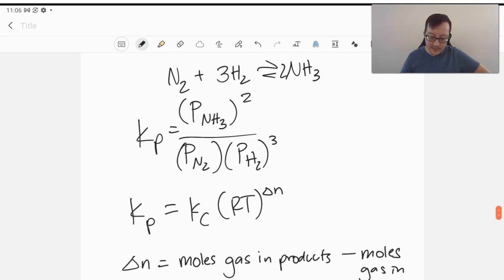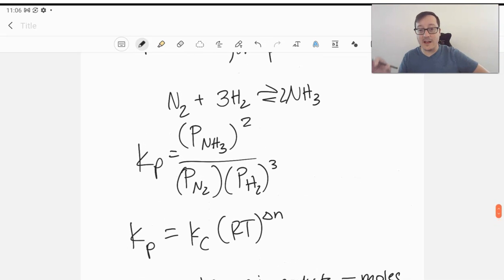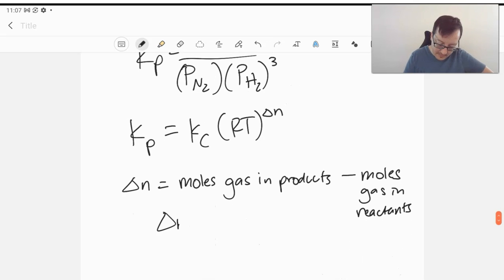And so for this example, we have 2 moles of gas in the products, 4 moles of gas in the reactants. So delta N for this reaction is -2. We have 2 moles that are being produced from 4 moles. So if we want to convert between the two, if we have a numerical value for Kp or Kc, we can convert them using this relationship.